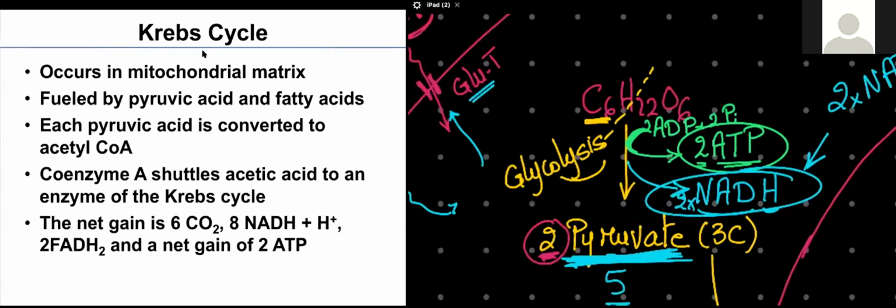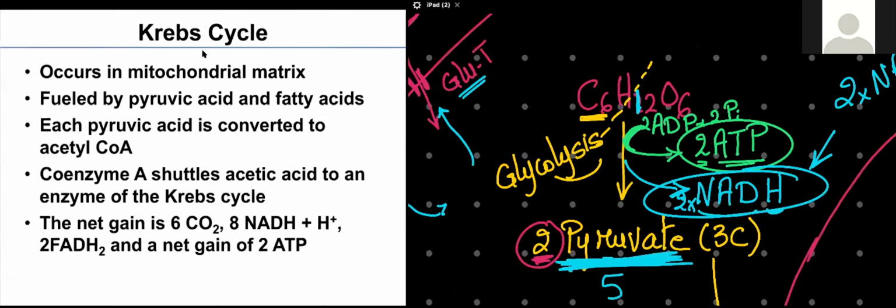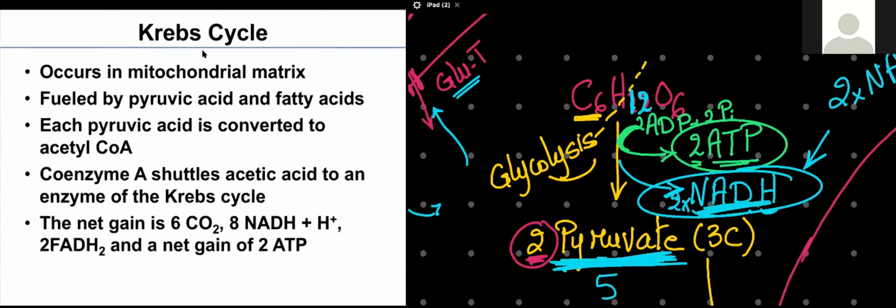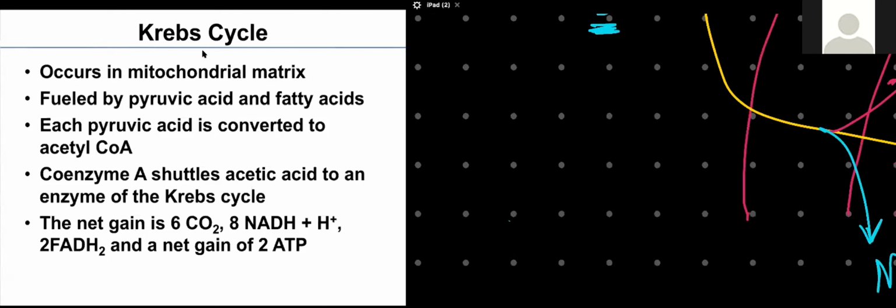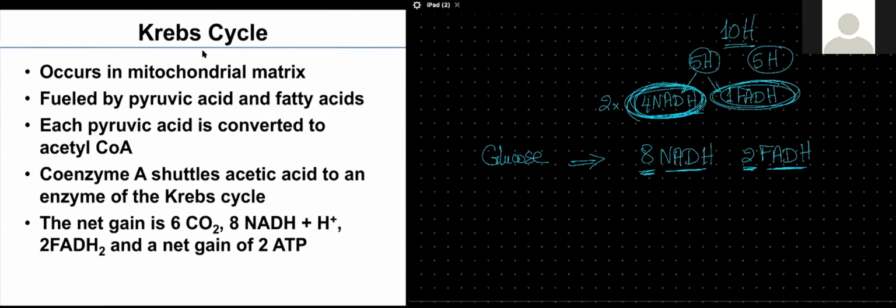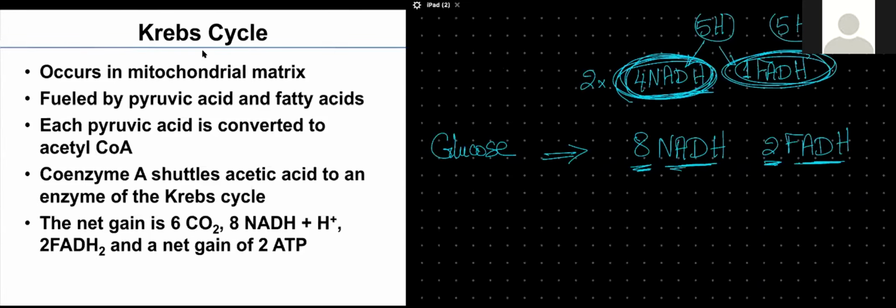Remember, glucose has how many hydrogens? It has 12 hydrogens. Those are the 12 hydrogens that it did have. We've seen 2 released in the glycolysis attached to NAD, and 10 released in the Krebs cycle, 8 of them attached to NAD, and 2 of them attached to FAD.